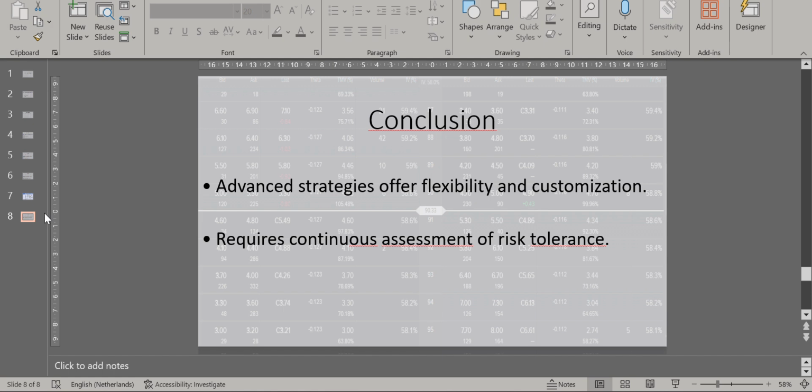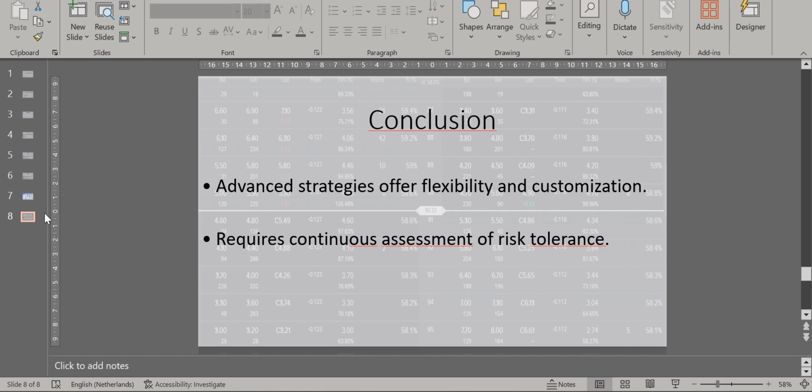Again, as you can see, most advanced strategies allow you to tailor-make the strategy, set it up in a way that suits your risk tolerance and your appetite for risk, and how much return you intend to try to get.